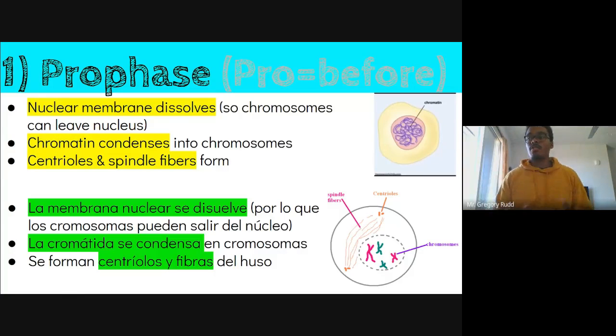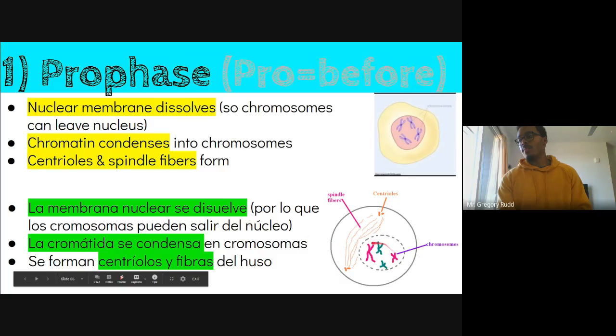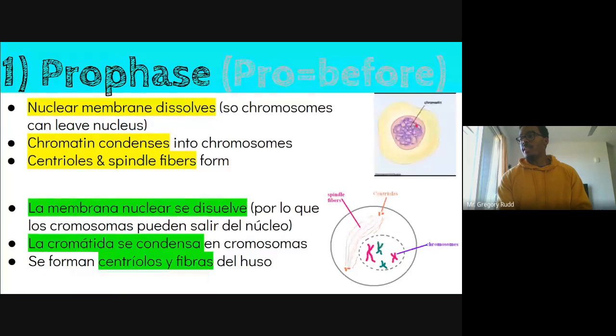So what it needs to do is organize itself, condense itself into chromosomes. And chromosomes, as we remember from yesterday, look like X's typically. We can also see them in the bottom right. So here's this process. The chromatin condenses into chromosomes.